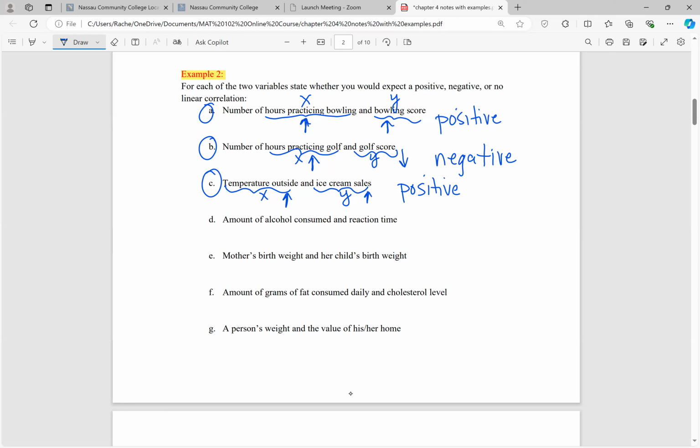I'd also like to take this opportunity to point out that correlation doesn't necessarily mean causation. So in other words, is the temperature outside the only thing that's going to cause ice cream sales to change, right? And maybe I'll give you another example too. Would you think that there's a correlation between ice cream sales and the number of drowning deaths?